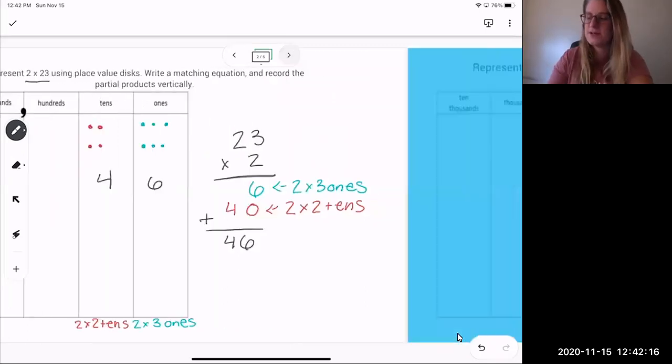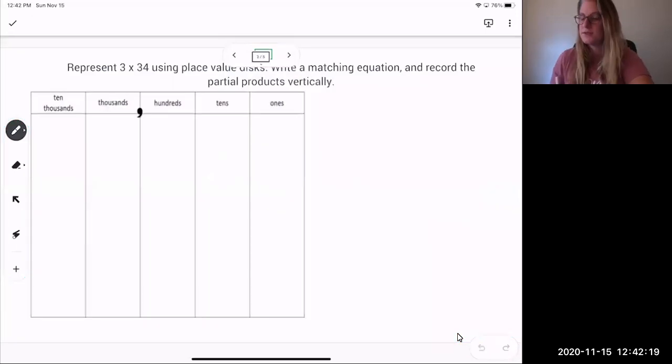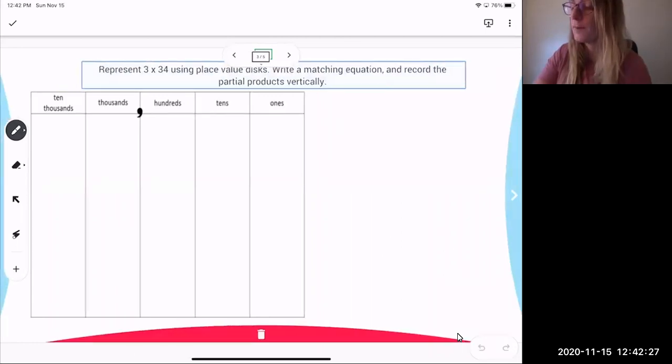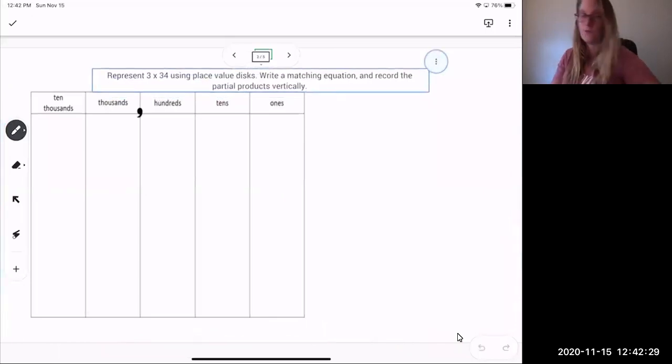Okay, let's do another problem. So this one is 3 times 34. We have the same instructions, just a different problem. So 3 times 34 using place value discs, and write a matching equation and record the partial products vertically.